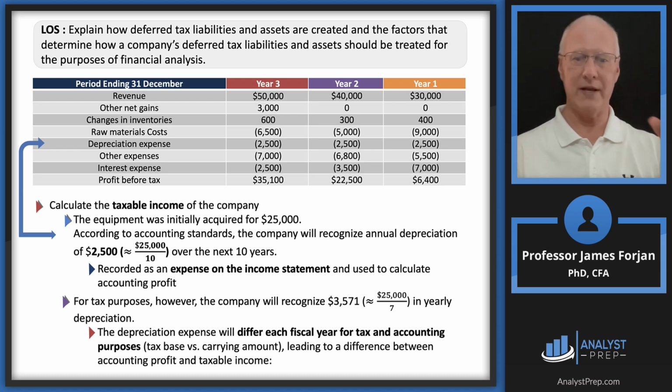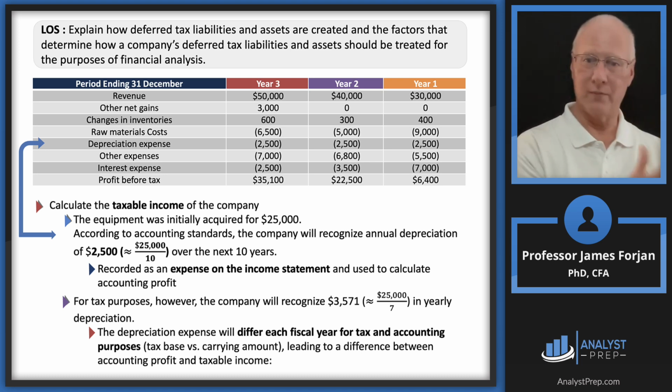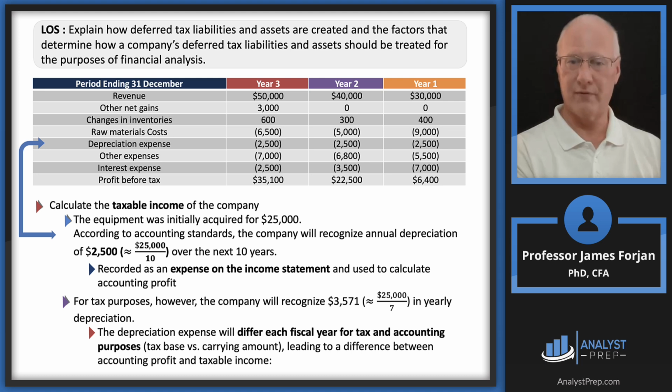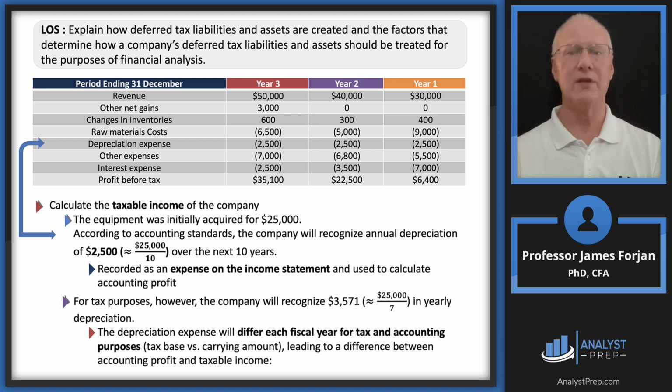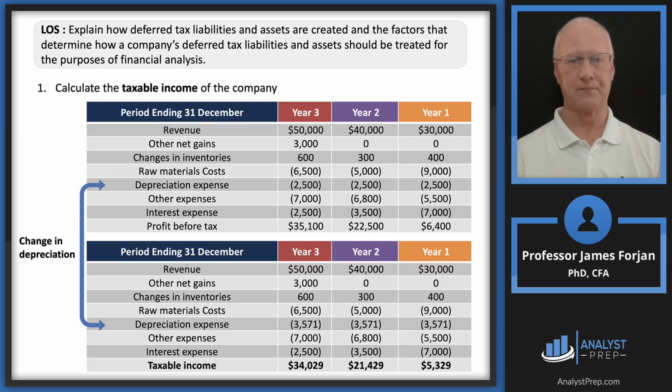So what's going to happen is that there's going to be this creation of some kind of deferment, because we are taking depreciation expense on one financial statement that's more than depreciation expense on another financial statement. So this is going to be reflective somewhere down at the bottom on income tax expense.